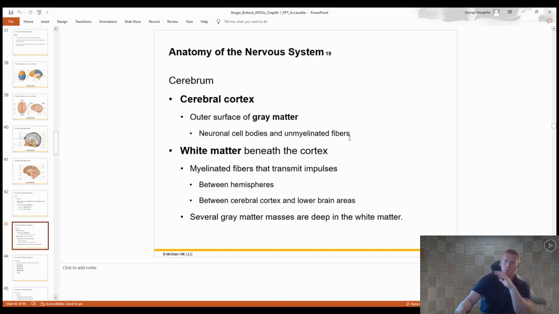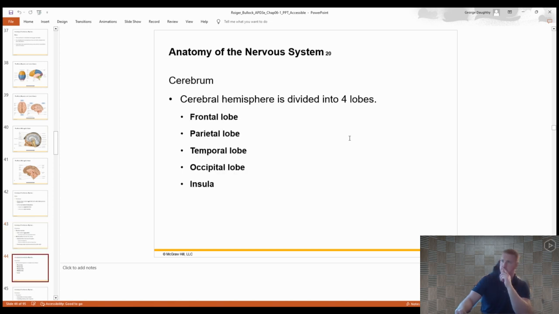So the gray matter is where we have neuronal cell bodies that are mostly acting through glial functioning. And the white matter is where we have a lot of our executive functioning, a lot of impulse transmission, and a number of other things, right? But those are the main differences between the two. Gray matter is unmyelinated, white matter is myelinated.